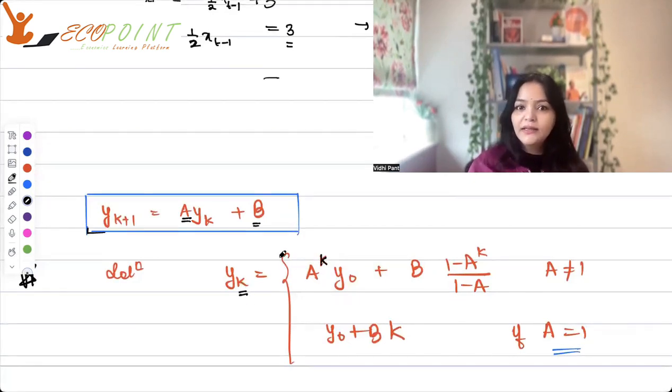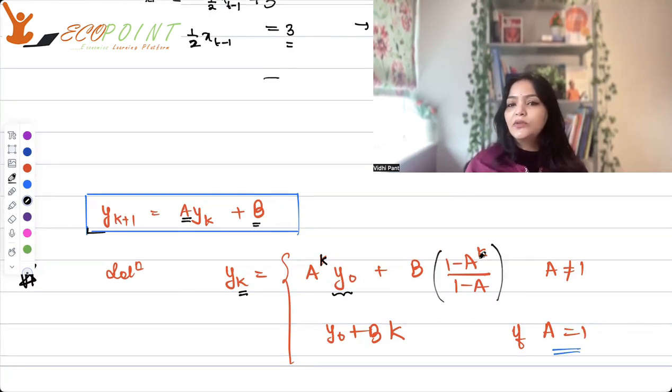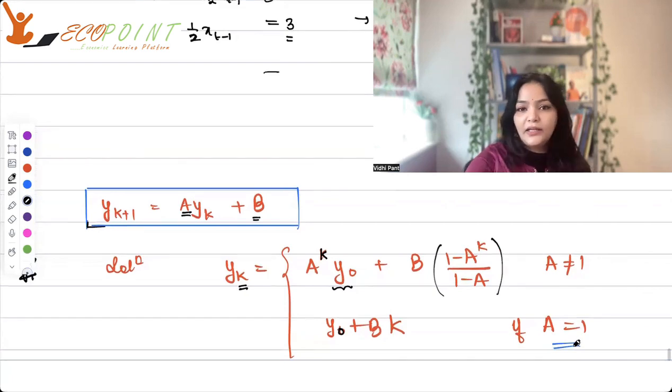If it's k, it's a to the power k; if it's t, it's a to the power t, times y naught, the value of time period 0, plus b times, the constant that you had here, into 1 minus a to the power k upon 1 minus a, where a is not equal to 1, and it is y naught plus bk if a is equal to 1. Okay? So we have to keep this in mind.